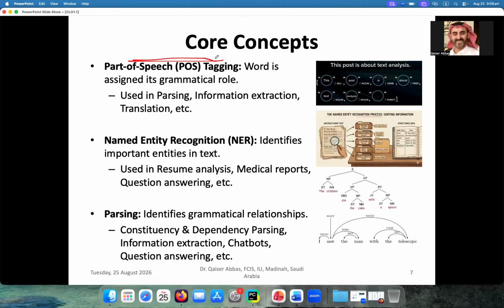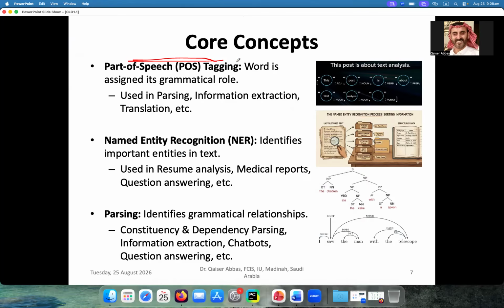So these classes are called part of speech. You can call them classes or categories. These are the things available in each language, due to which you can say this word is a noun, this word is a verb. You are giving a class to that word, you are giving categories to that word. Why? Because these part of speech categories exist in languages.